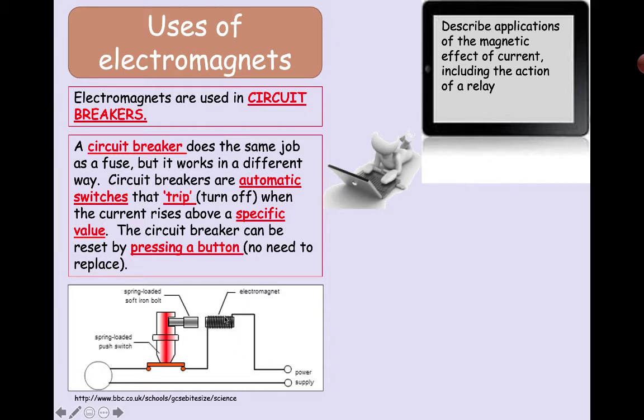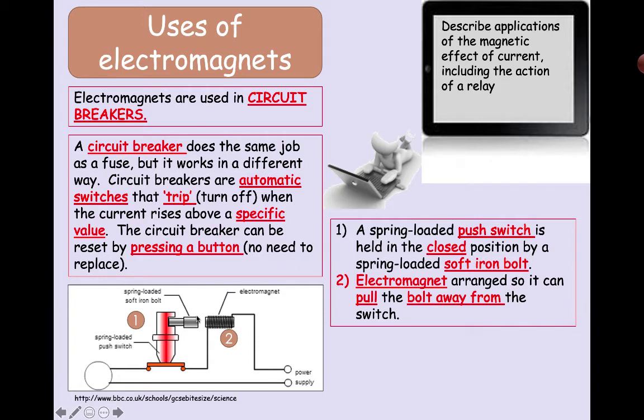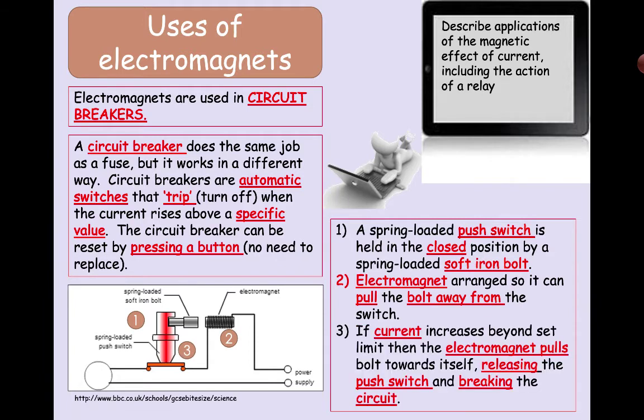And here's an example of a circuit breaker. Essentially you've got an electromagnet here and you've got a spring-loaded soft iron bolt here. Now at the moment there's no attraction between these two, so this bolt stays in place, stopping this from moving. So a spring-loaded push switch is held in closed position by a spring-loaded soft iron bolt. Now the electromagnet is arranged so it can pull the bolt away from the switch.